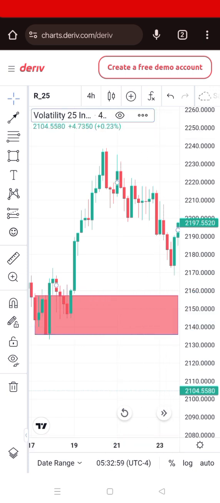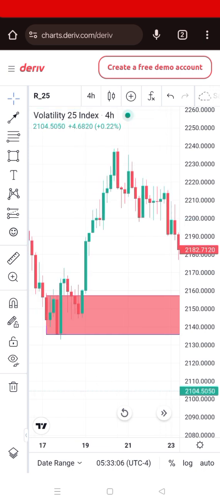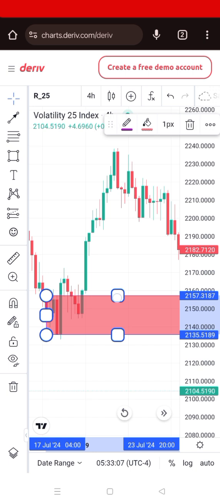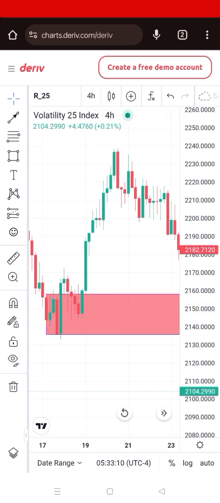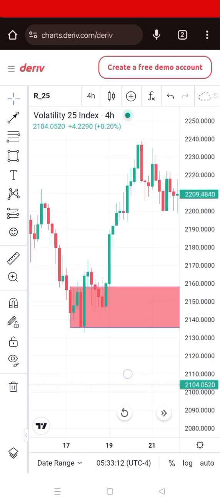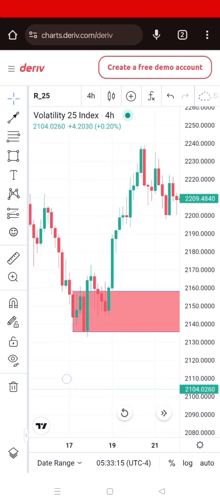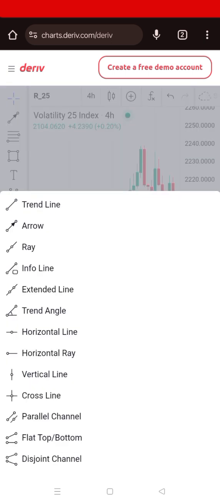There is a break of structure above, so the market went back and tapped the order block and then went up, and then broke that BOS. So let me draw that BOS and show you what I'm talking about.